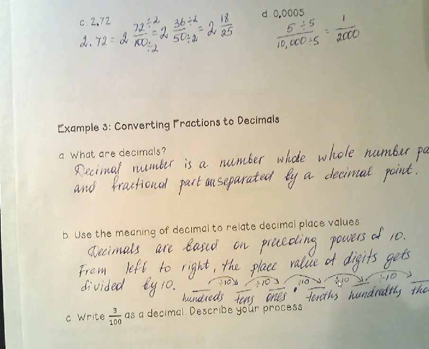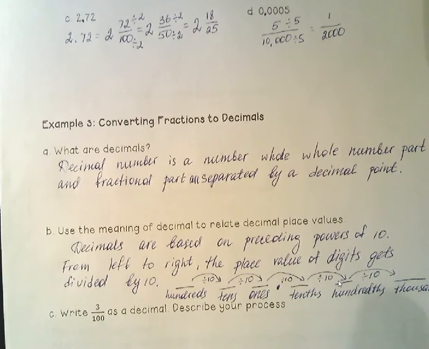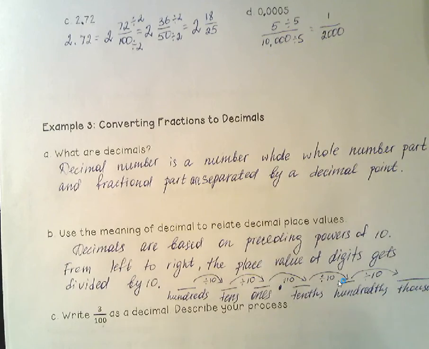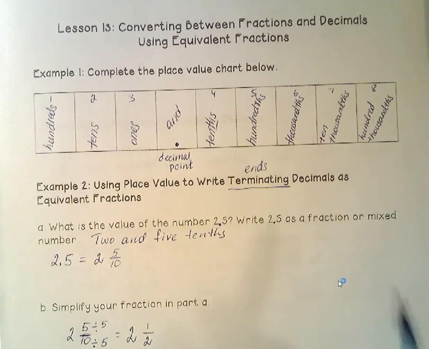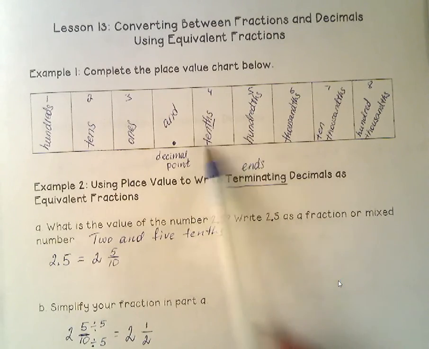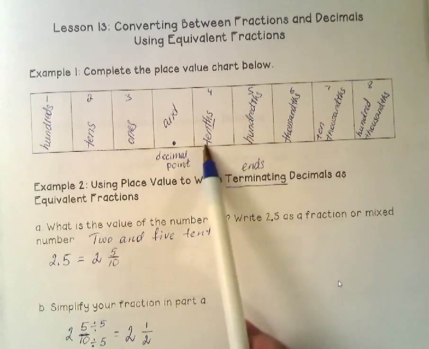Now that we know that, we can write 300 hundredths as a decimal. If we are looking at hundredths, we know that according to our chart, hundredths is the second space after the decimal point.